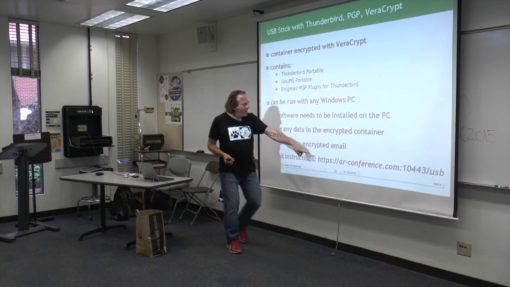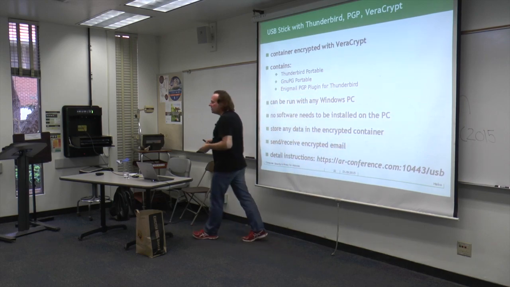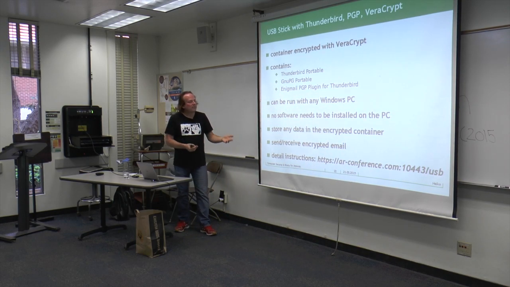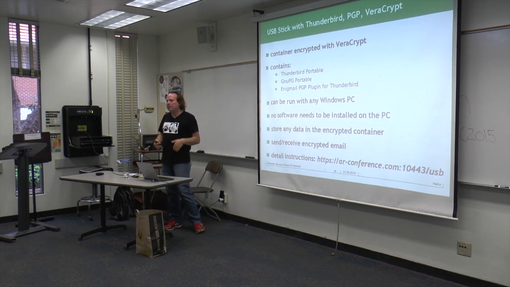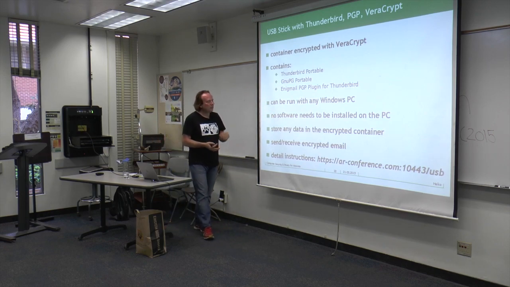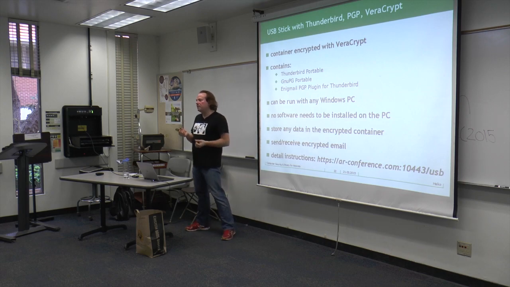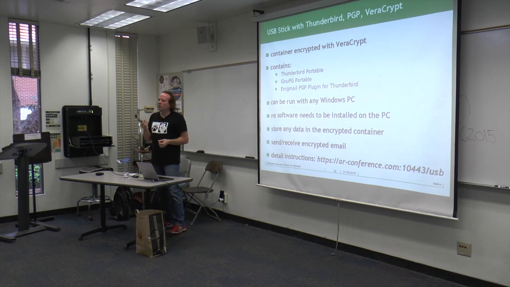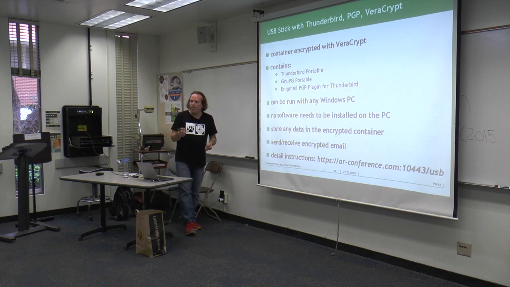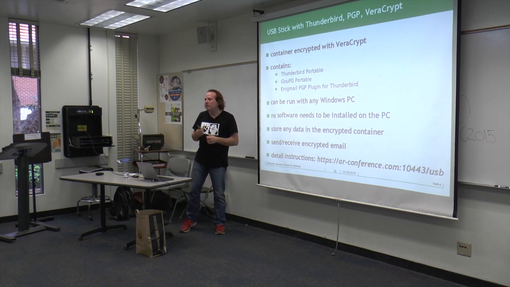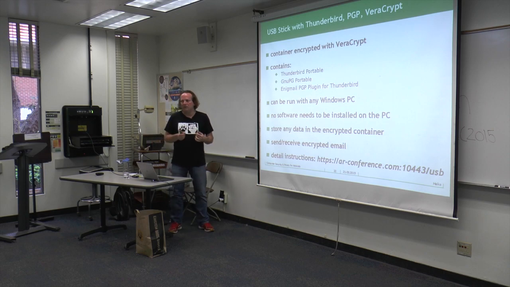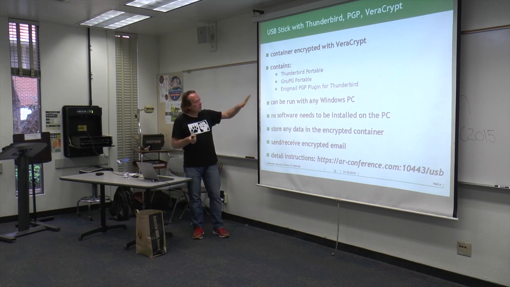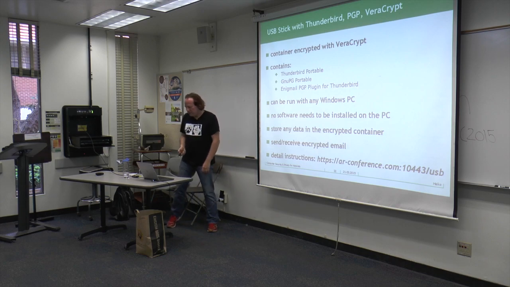On this web page, I have put down an instruction which describes exactly the different steps you need to perform to create a USB stick which has exactly this functionality. So this will provide you a USB stick which you can use to store any kind of data, and it will be encrypted on that, and it will also allow you to send encrypted email and receive encrypted email. So check out this page.